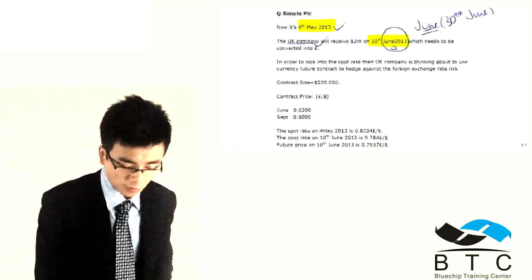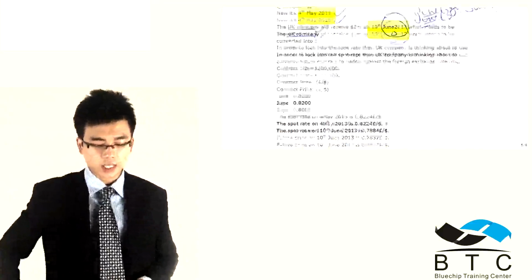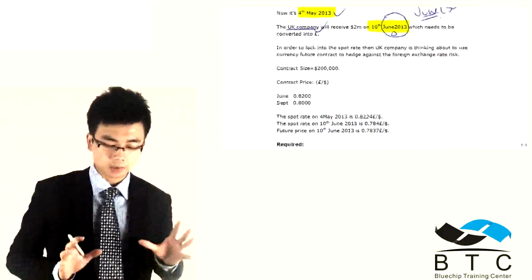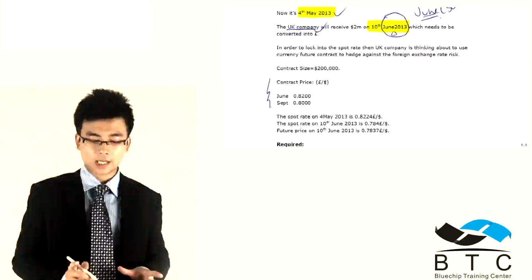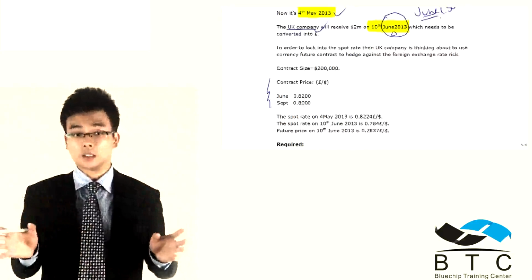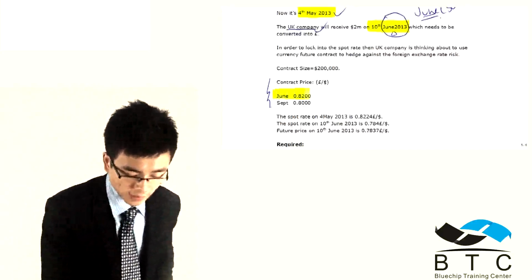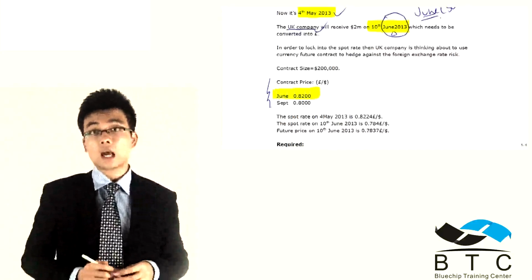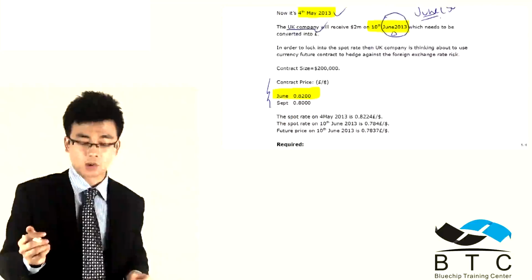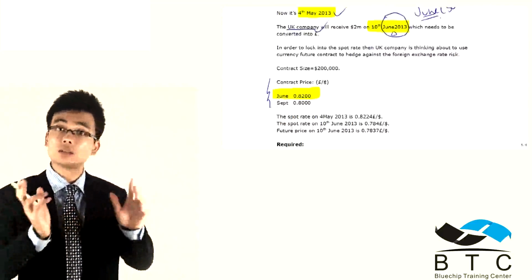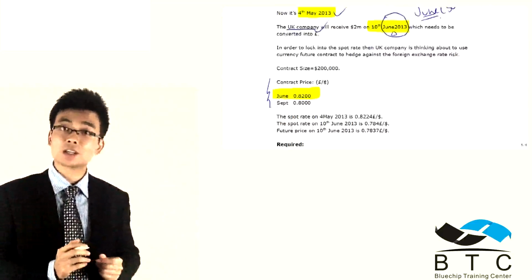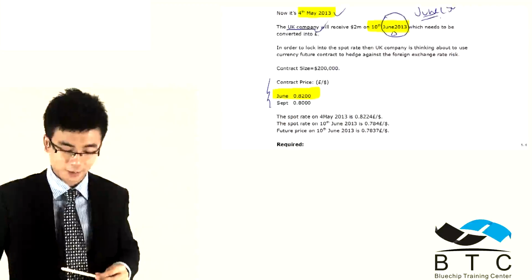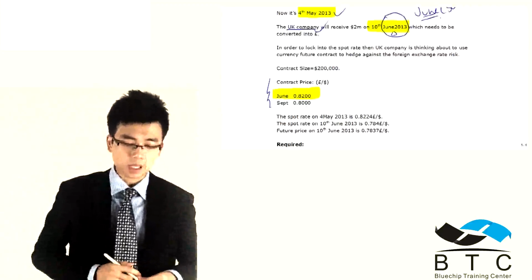Okay, and of course, we're going to see here that the contract price here is pounds to dollar, and we're going to enter into the June's contract, which may mean that $1 equals to 0.82 pounds. Fine. So we're going to enter into that contract price. Okay. So forget about it.